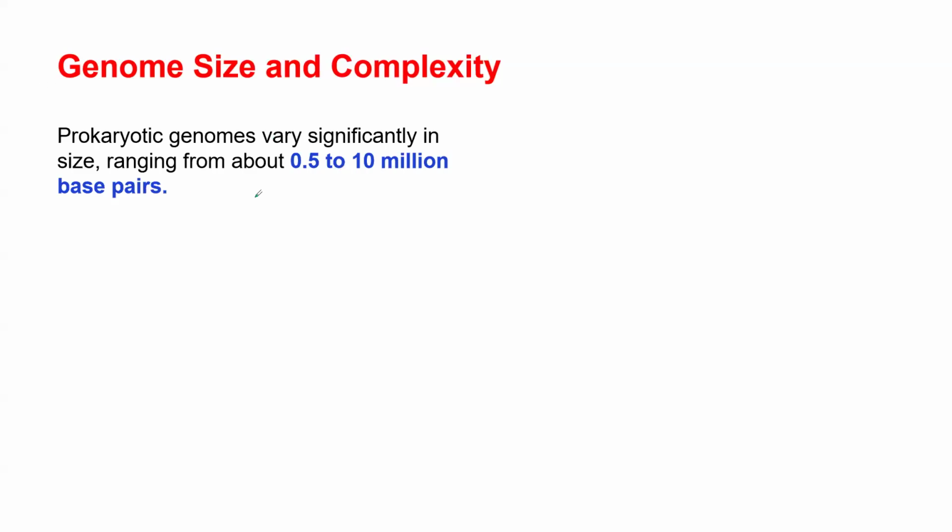The prokaryotic genomes vary significantly in size because within the prokaryotic organisms, we have different species of bacteria. So the size also varies significantly, ranging from 0.5 to 10 million base pairs. But if you take the human genome size, it's about 3 billion base pairs.